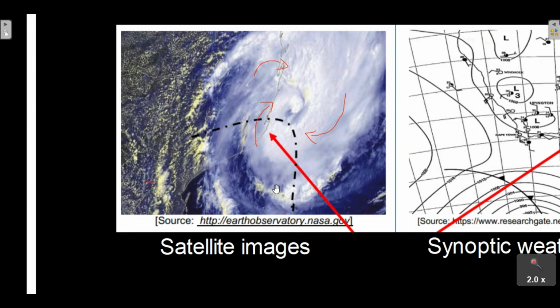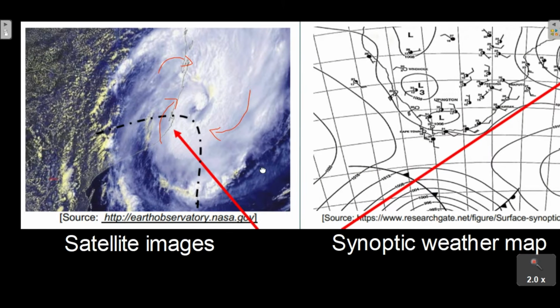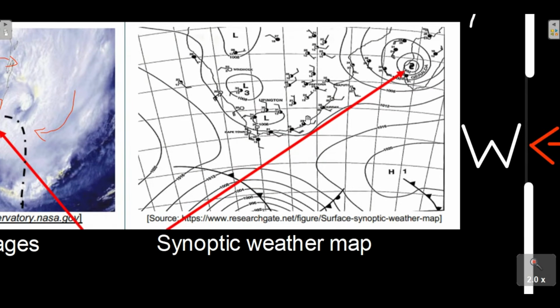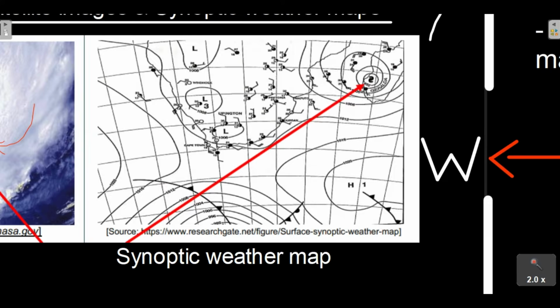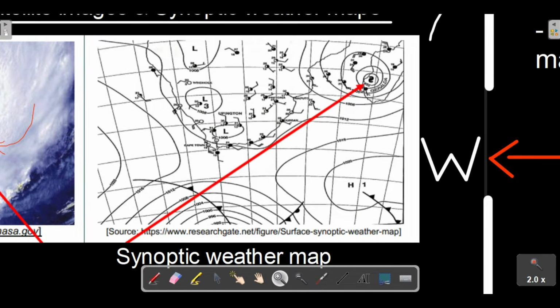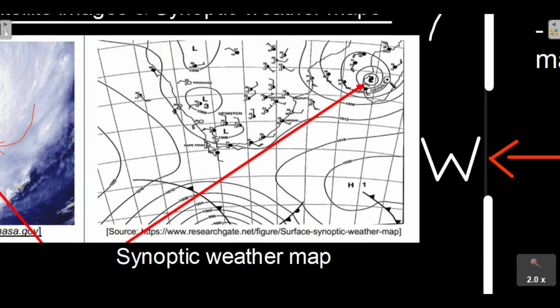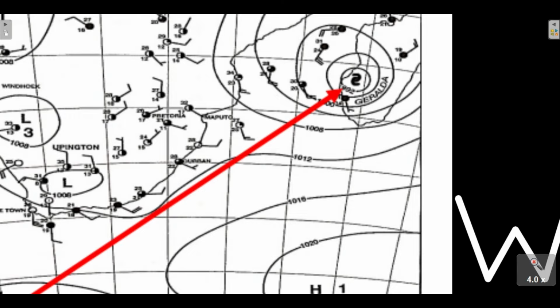Now, in the synoptic weather map, this is how you identify the tropical cyclone, especially in its mature stage. We see the eye symbol, which is a huge giveaway.